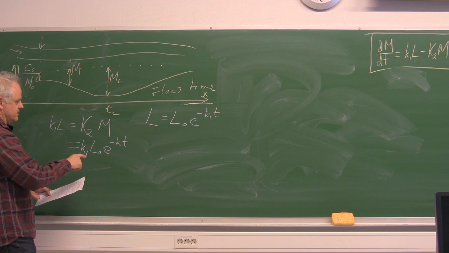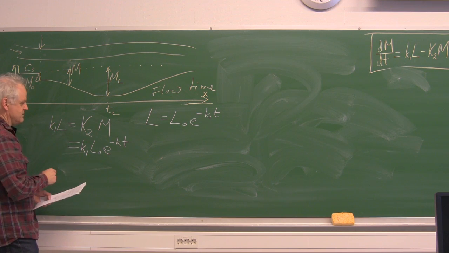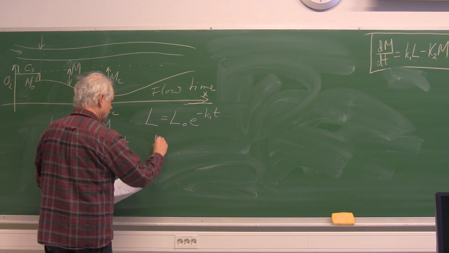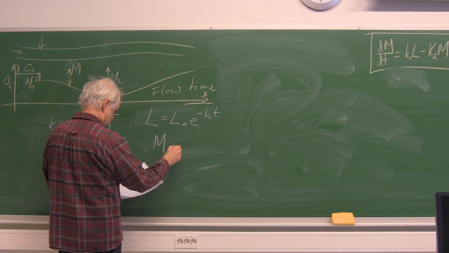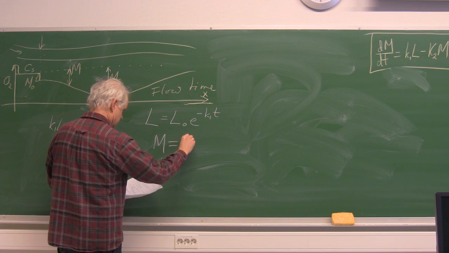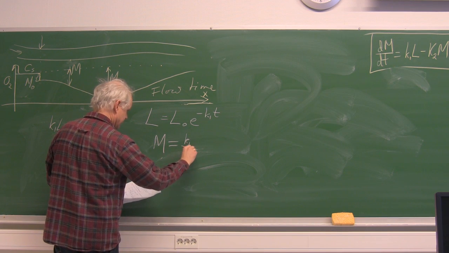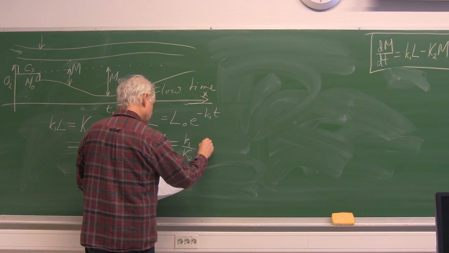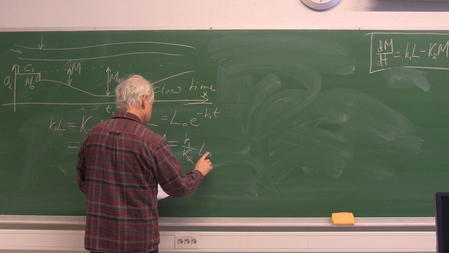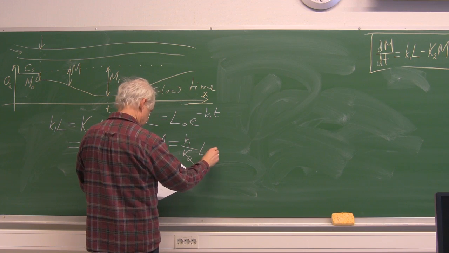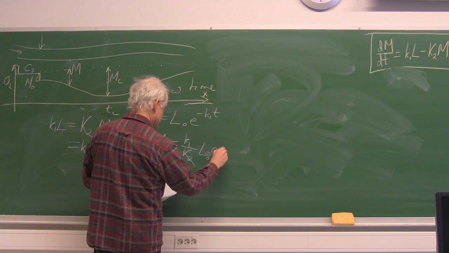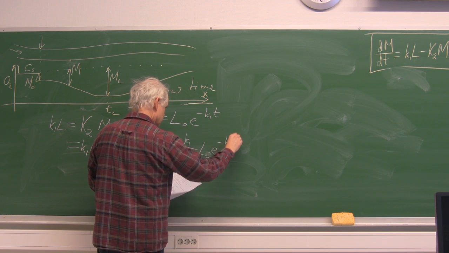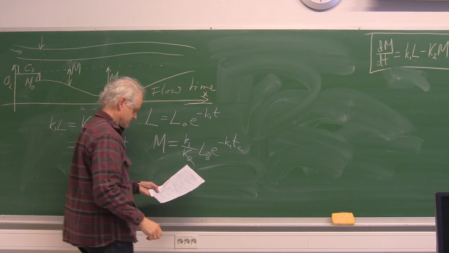If we solve for M, we find M = (K1/K2) L0 e^(-K1 t critical).